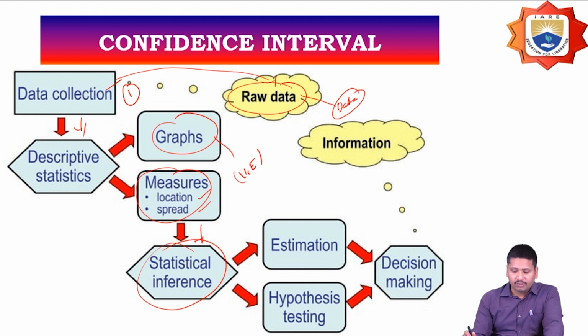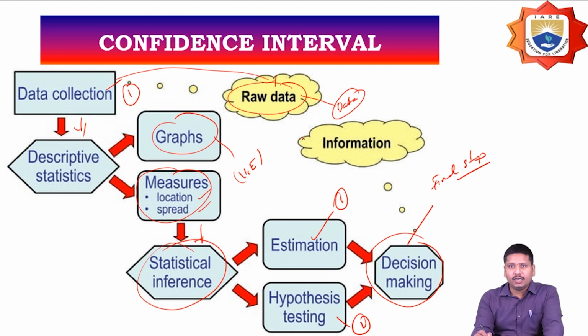From this inference, we have to perform two types of procedures: estimation, and the second one is hypothesis testing. Once this is done, finally you have to make the decision. This is the final step. So the data we are considering is extracted from the raw data.